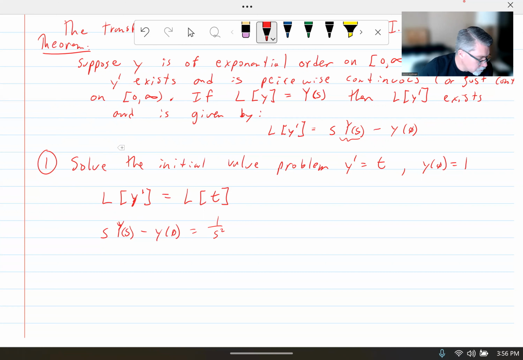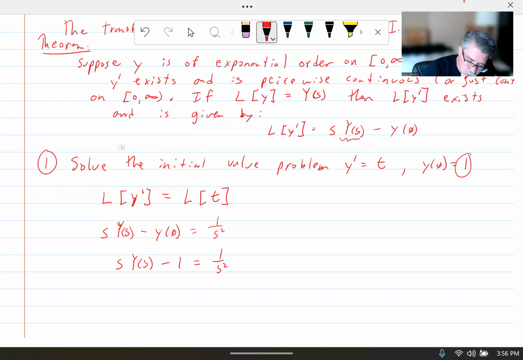Now, what is y at 0? That's 1, that 1 right there. So this becomes s Y of s minus 1 is equal to 1 over s squared.